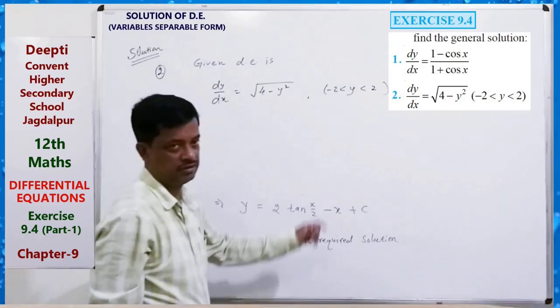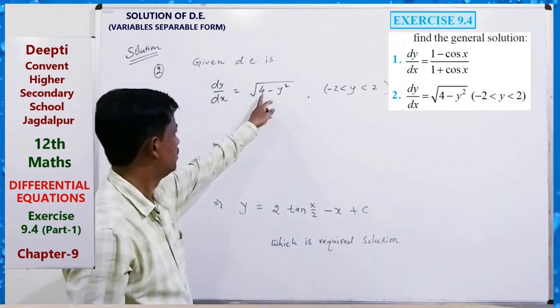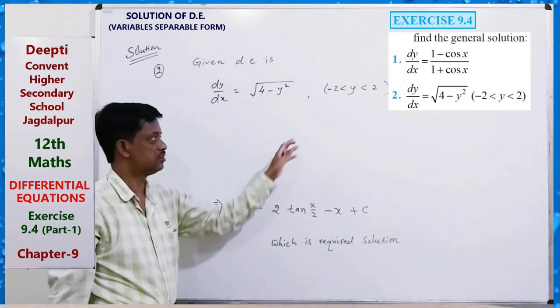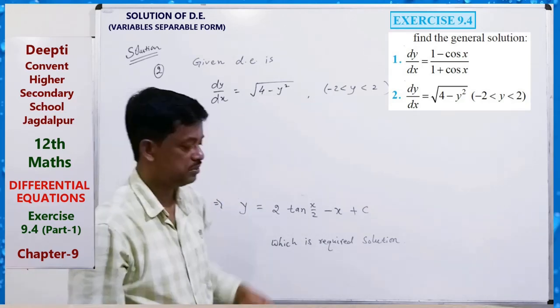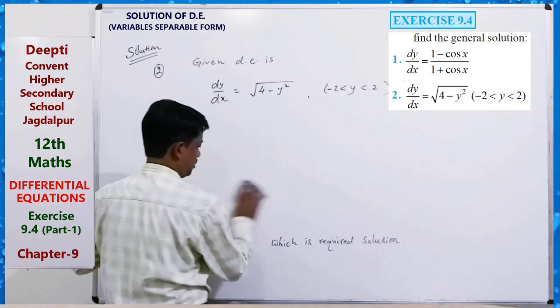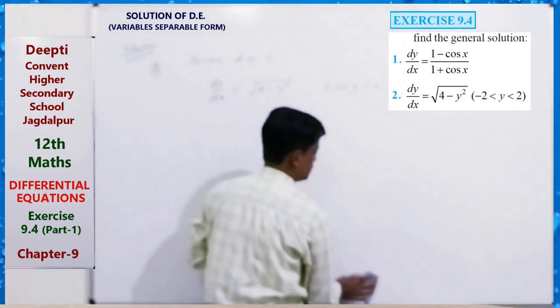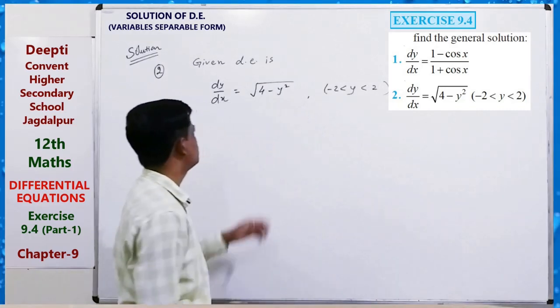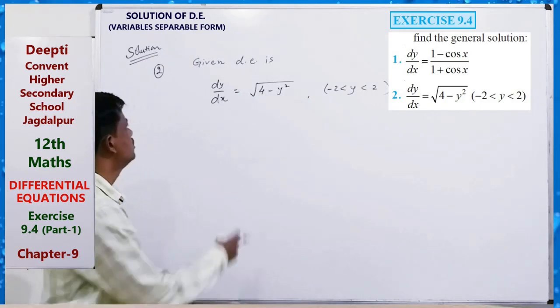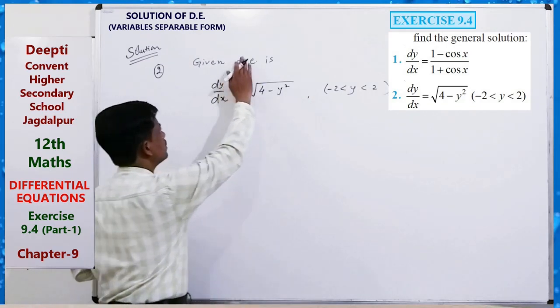Because this quantity will be in the denominator, that's why this type of condition must be satisfied for the real case and for it to be not equal to 0. So this is the given differential equation. This differential equation can be solved also. Here only a function of y, separable form.